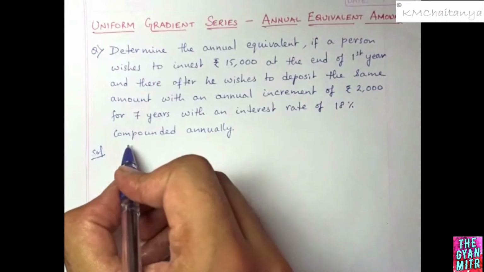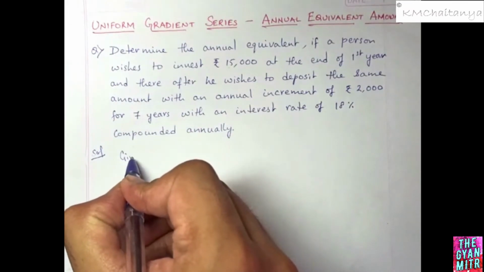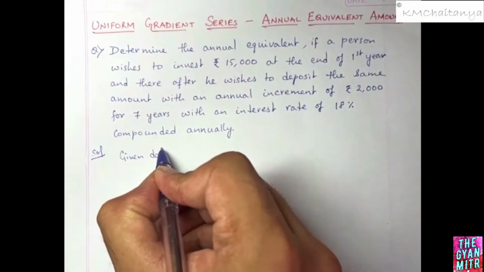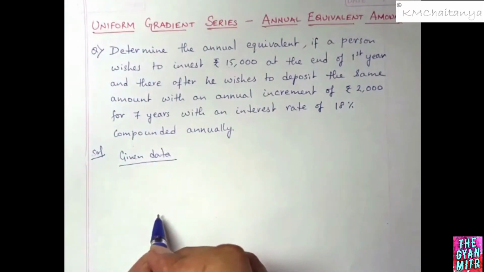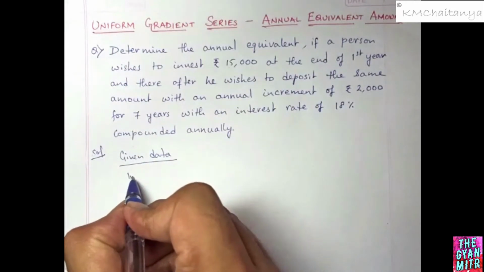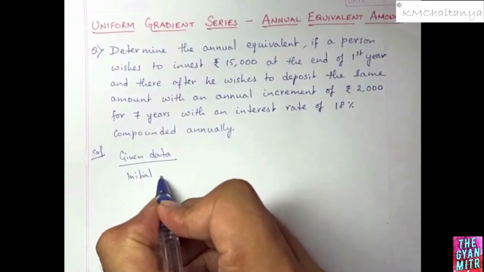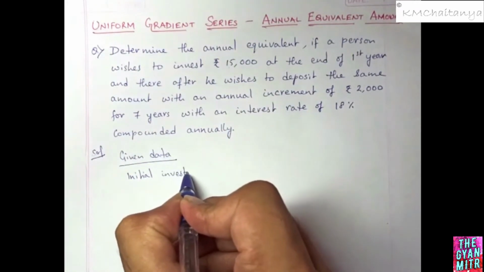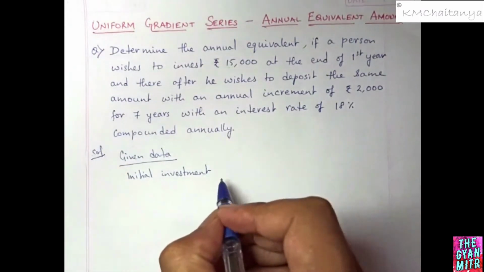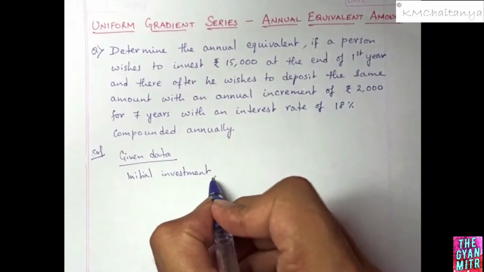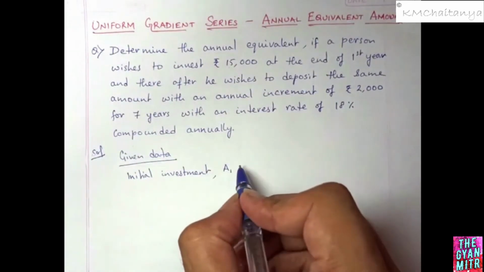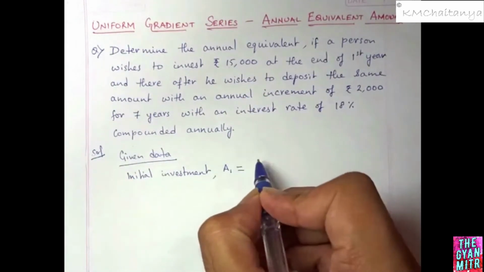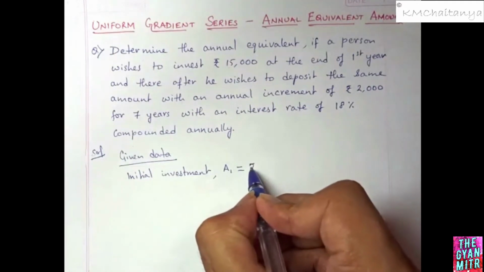We'll write down the given data. So initial investment, that is denoted as A1, which is the constant amount, which is equal to rupees 15,000.